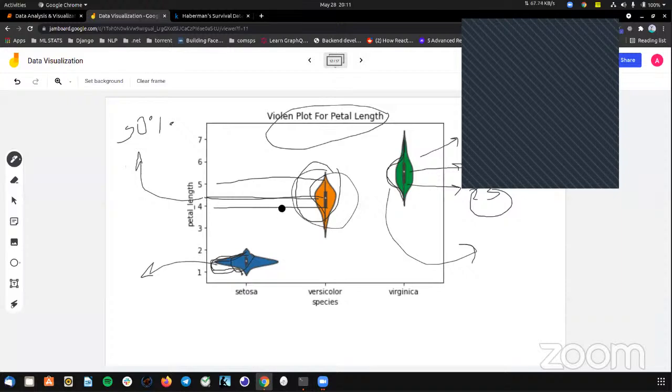So 50% of my data for the versicolor will have less than 4.4 centimeters of petal length. Do you understand that statement or not? You can also make intuition out of the 75% as well. Yes or no? Please tell me. Yes. Okay.